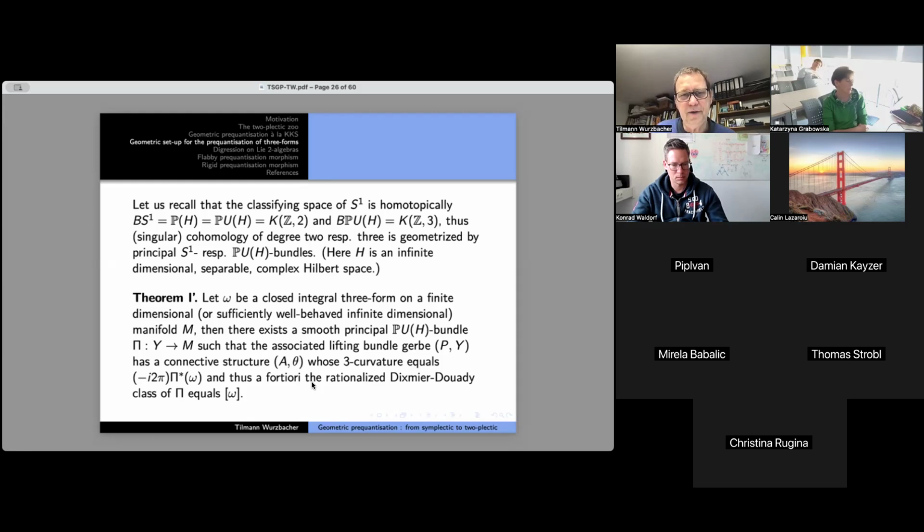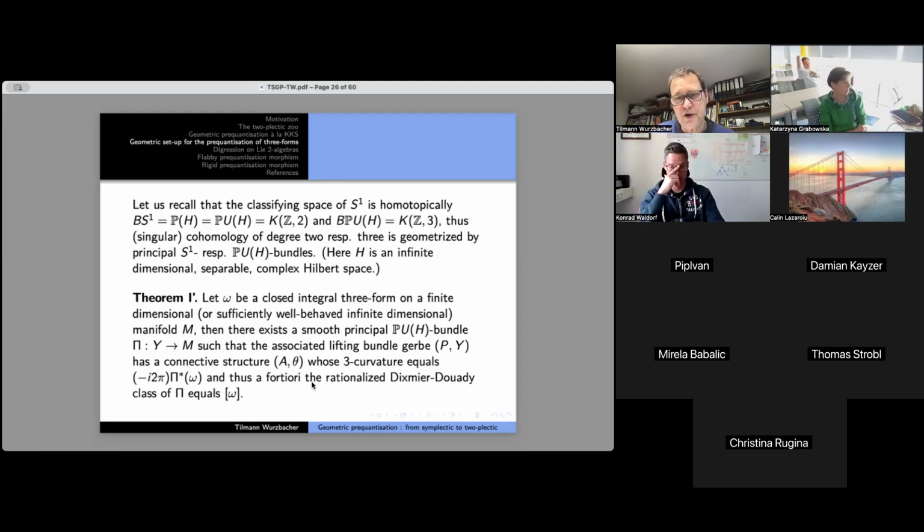And this implies that in analogy to the case we discussed, where we got the rationalized Chern class of the S1 bundle, here we get the rationalized Dixmier-Douady class. A PUH bundle has a characteristic class, which is called the Dixmier-Douady class, and it's an integral 3 class.